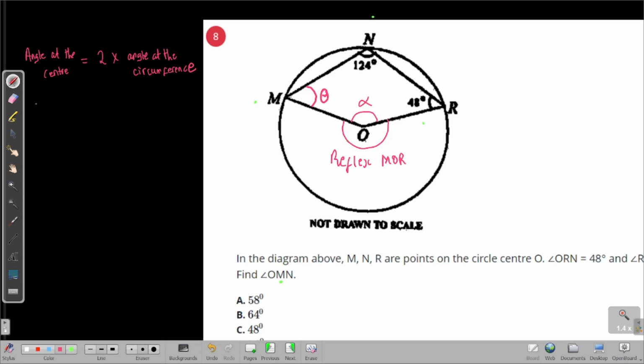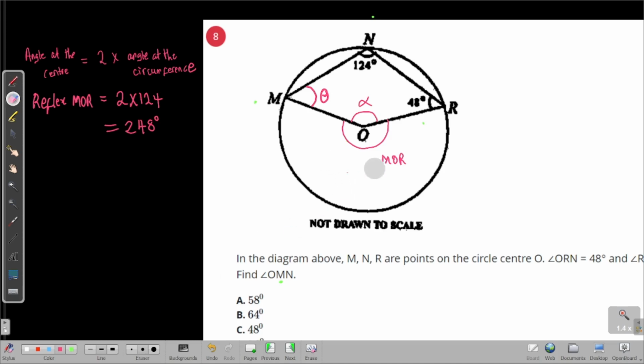So angle at the center, reflex MOR, is equal to 2 times angle at the circumference. That's 2 times 124, and that's equal to 248 degrees.